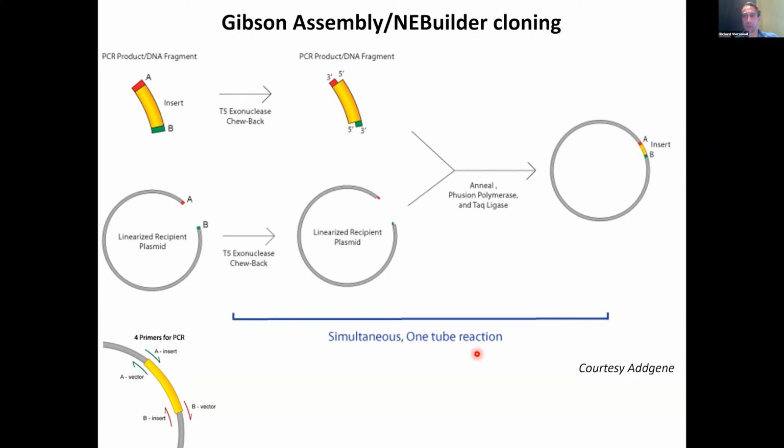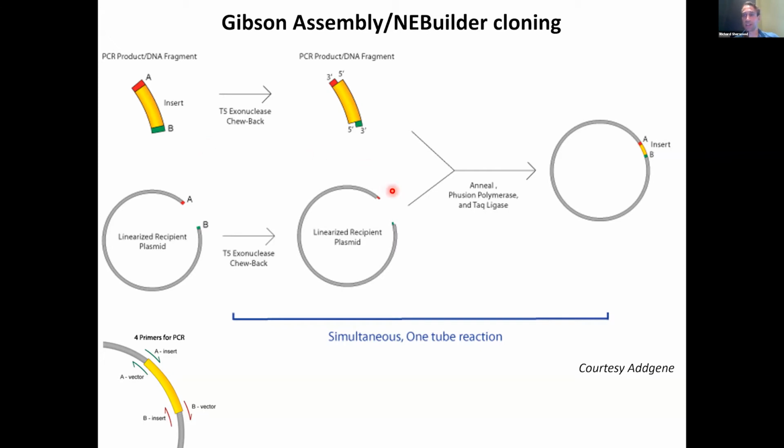I guess the reason why we use this in the lab is it tends to be more efficient. The overlap, as mentioned, between the insert and the recipient plasmid is typically on the range of 20 base pairs or longer, which will have a much higher annealing temperature than the ends of a restriction enzyme site, which might only be 2 to 4 base pairs long.